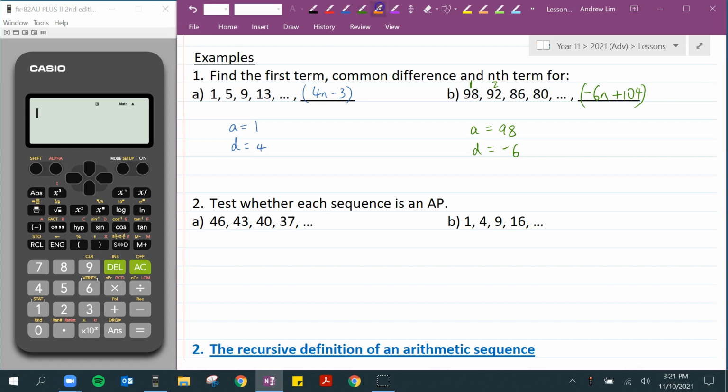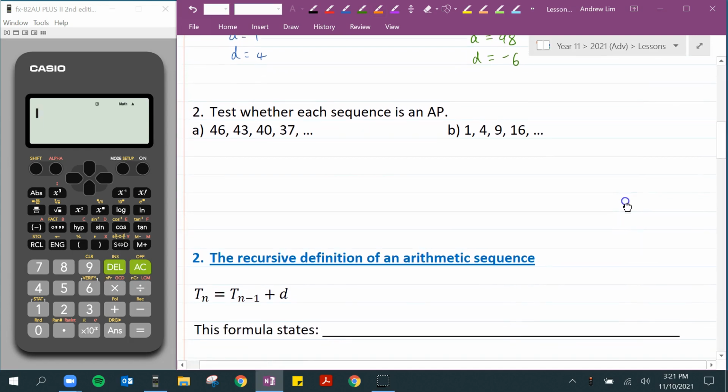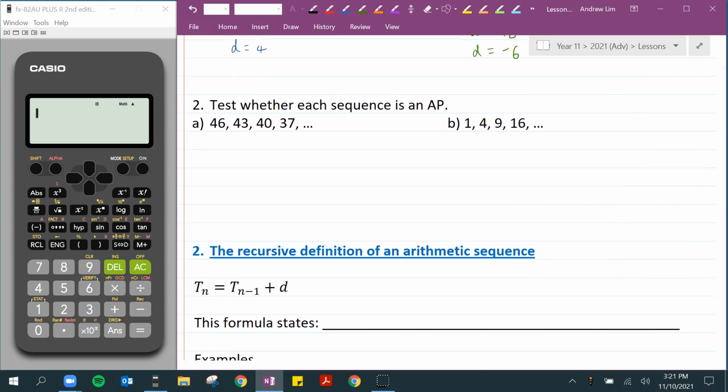Alright, let's have a look at question 2a. Test whether each sequence is an AP. Now for it to be an AP, there has to be a common difference. So let's see whether there's a common difference or not. You can go this way if you want: 46 to 43, that's minus 3.